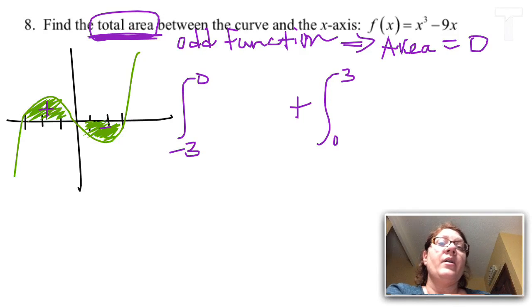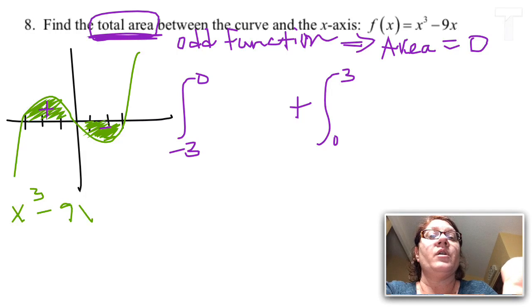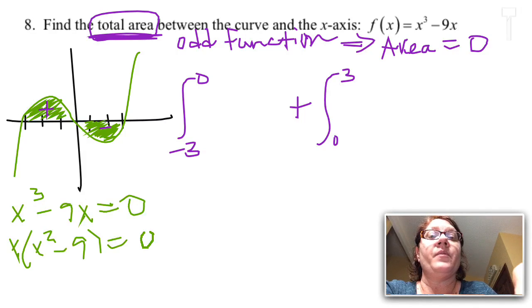Now, how did I know that it actually graphed that? Well, I do need to do that first, actually. So when I come back over here and I look at the original function and I set it equal to 0, I'll end up having 3 x-intercepts.